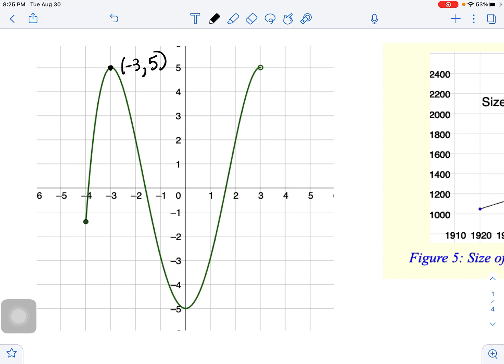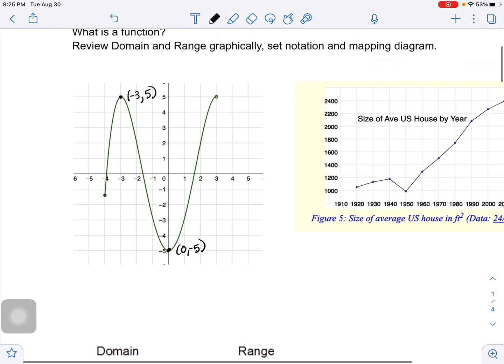And then if I look down here, I see at 0, there's an output of -5. And as I trace the path of the curve, I see that for every input, there is exactly one output. And so we would consider this a function.